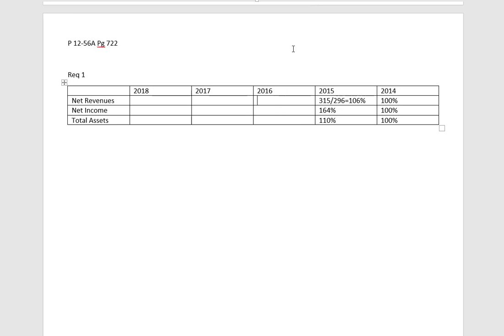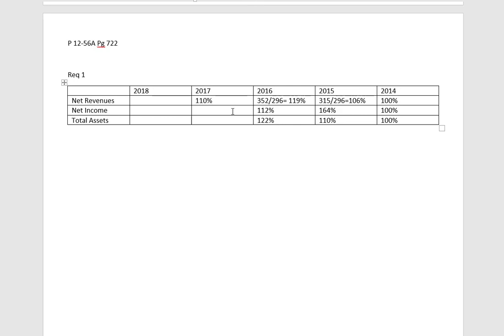And so 2016, same thing, you're just going to be dividing the value here by the value for 2014. And so you'll see that I get 119% here and 112% here, 122% here. And I'm going to continue that for 2017 and 2018.